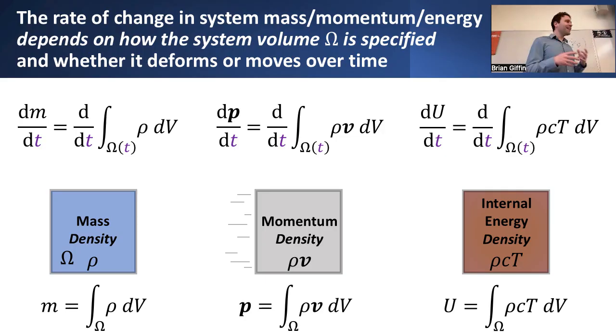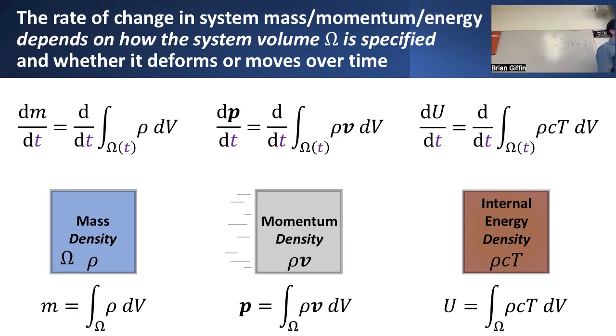And we can characterize some relationship between the total mass enclosed in this block of material, or the total momentum enclosed in this block of material, by saying, well, don't think of it in terms of these extensive properties as we previously defined them, things that depend on the size of these different systems.